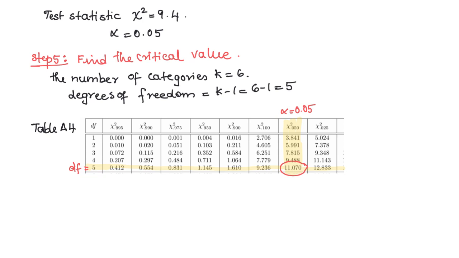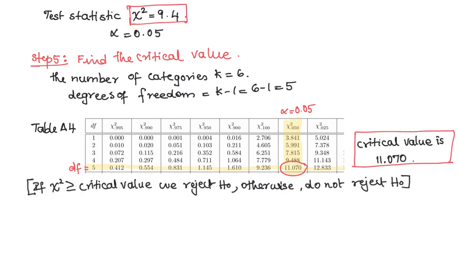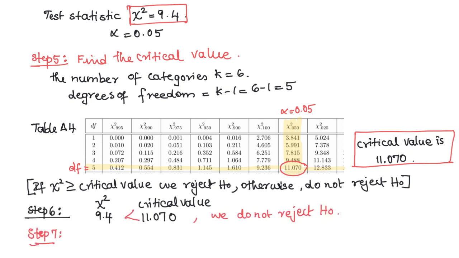That will be the critical value. If chi-square is greater than or equal to the critical value, we reject the null hypothesis. Otherwise, we do not reject the null hypothesis. The critical value is greater than the chi-square, so we do not reject the null hypothesis. We can state a conclusion that there is not enough evidence to conclude that the die is unfair.